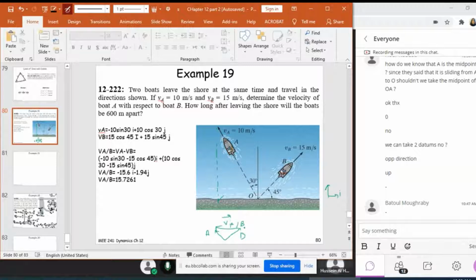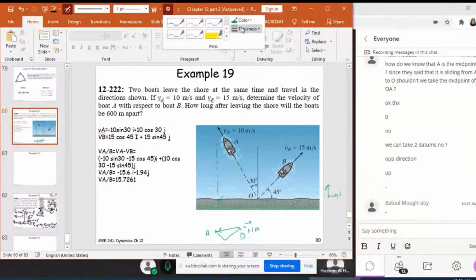Then if I need to find this angle with the x-axis, let's adjust the figure a little bit. In fact, VA with respect to B has both negative I and J, so it is downward in this direction. All right. If I need to find the angle, I need to find it with a fixed reference.